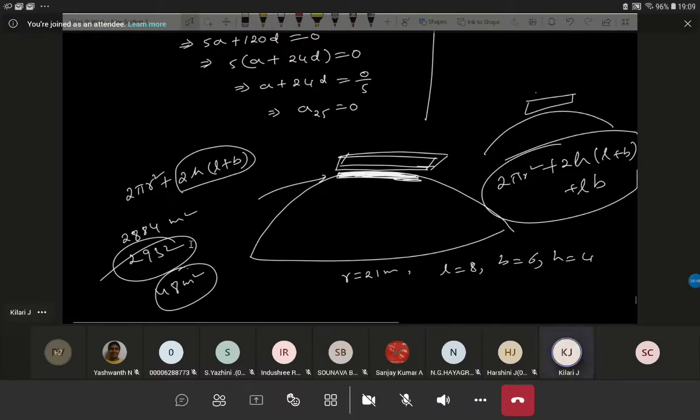Whether the dome is covered by the cuboid or not, in these two cases we are not getting the answer as 2932. So definitely it must be either more than 2932 or 2884, the value you got. So here we can understand that the given answer is wrong, no?